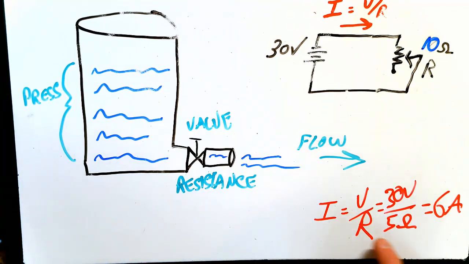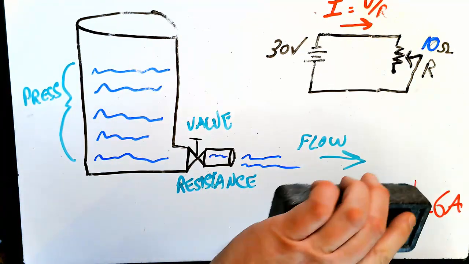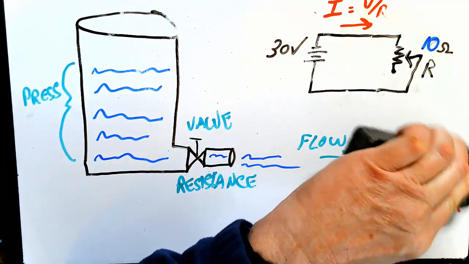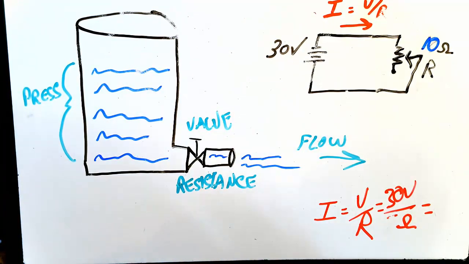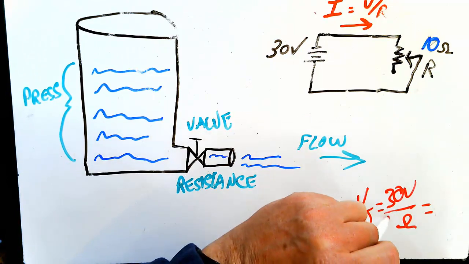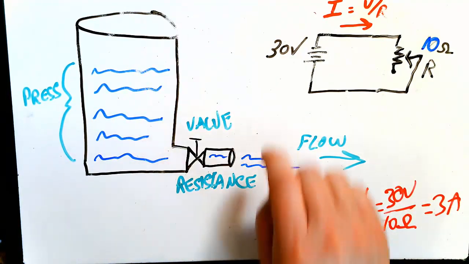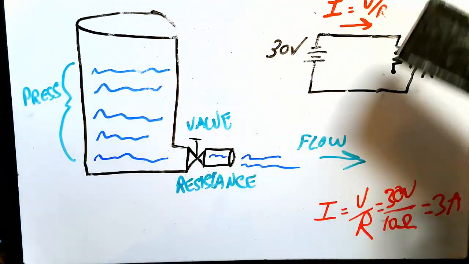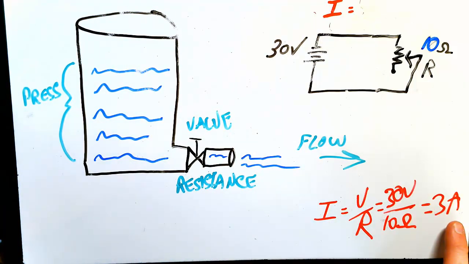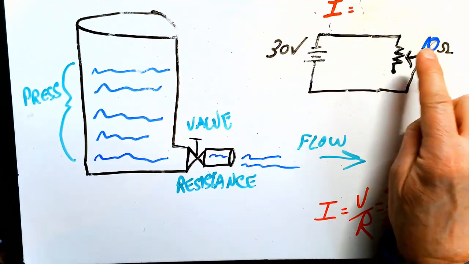So the flow is going to be the 30 volts divided by the 10 ohms, which is going to give us 3 amperes, right? So you see that the current is half as much when the resistance doubled.